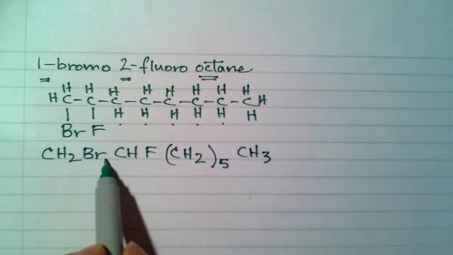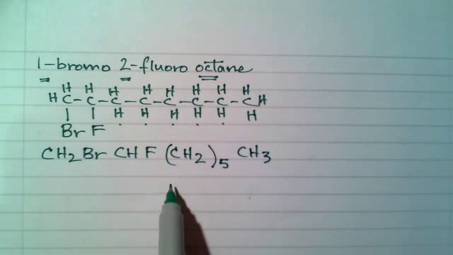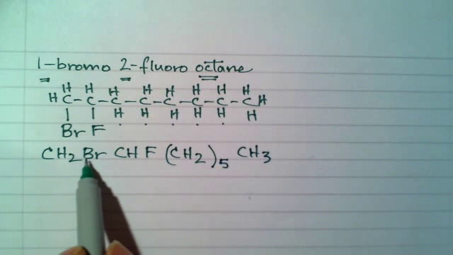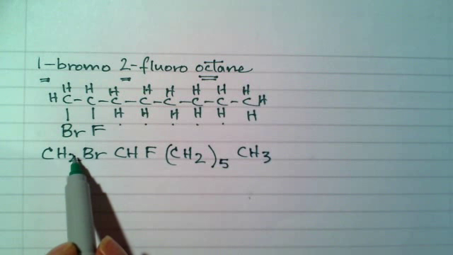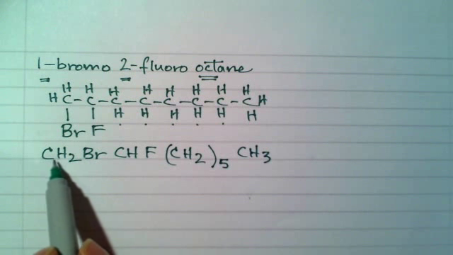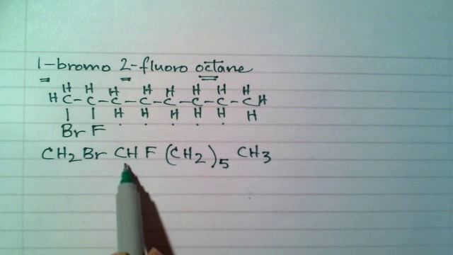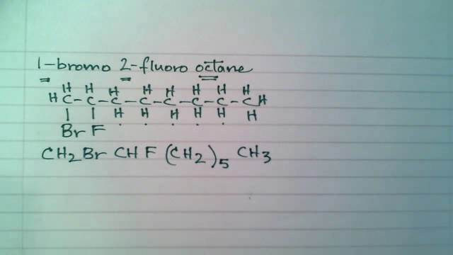Yes, you can put this bromine in brackets and that fluorine in brackets if you like, but really we know that the halogen is not within the backbone, so that we don't have C bonded to Br bonded to C bonded to F and so on.